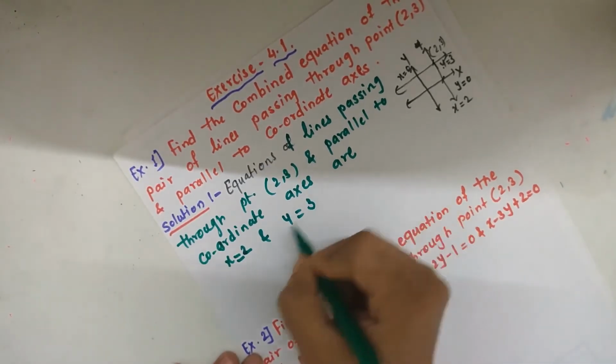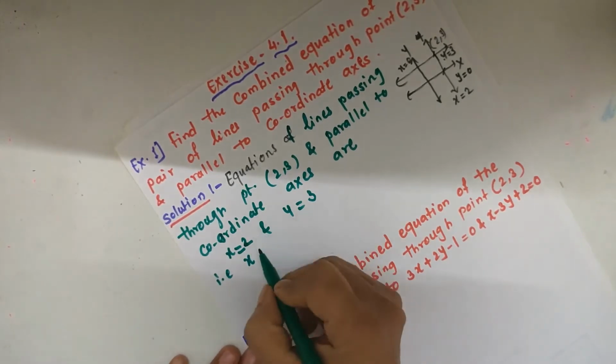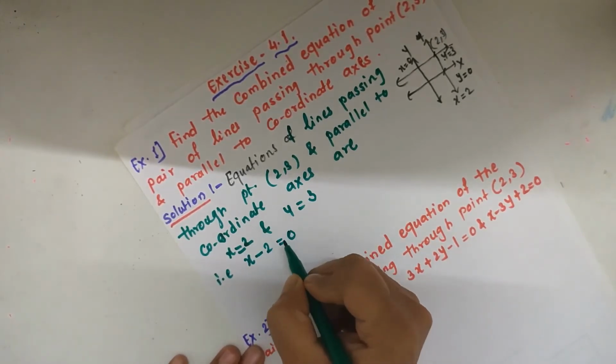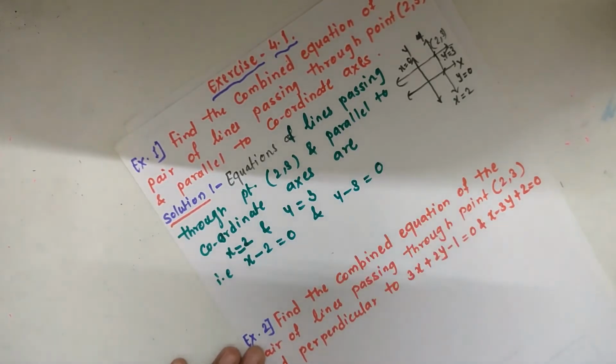That is, in equation form, x minus 2 is equal to 0 and y minus 3 is equal to 0.